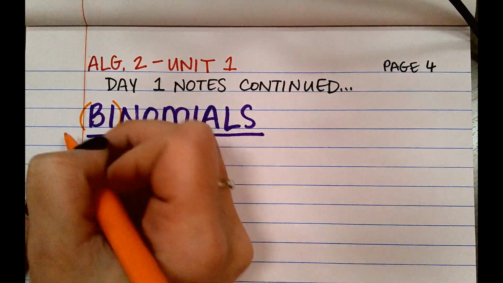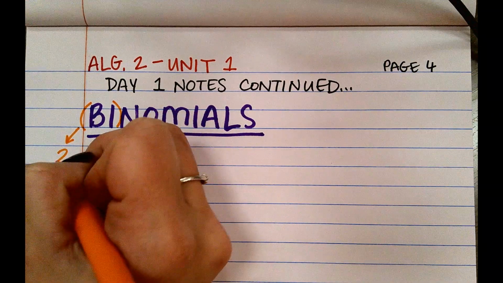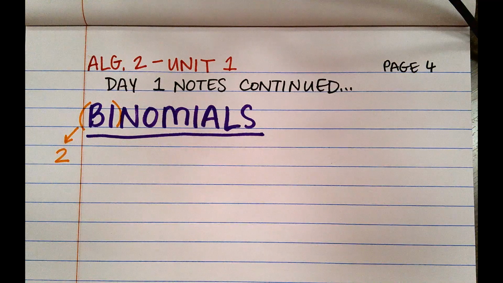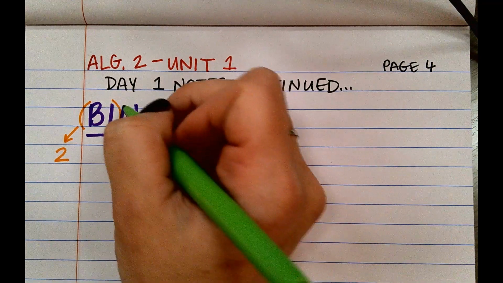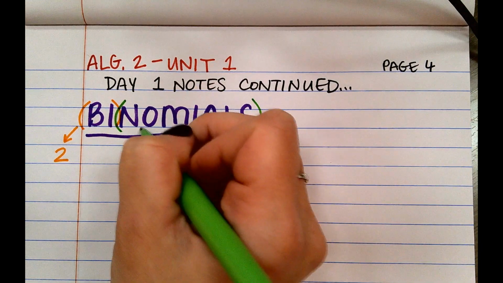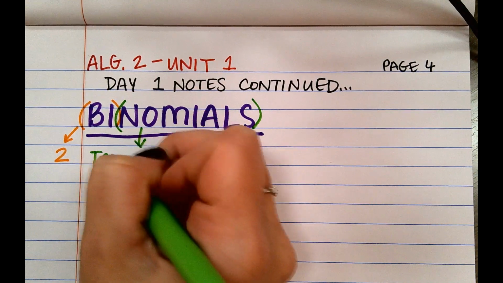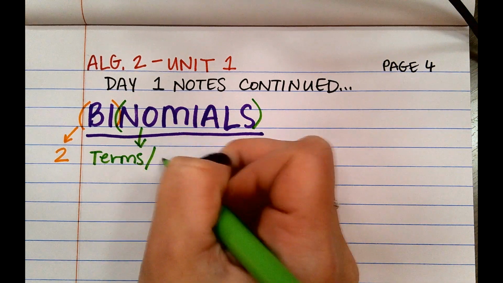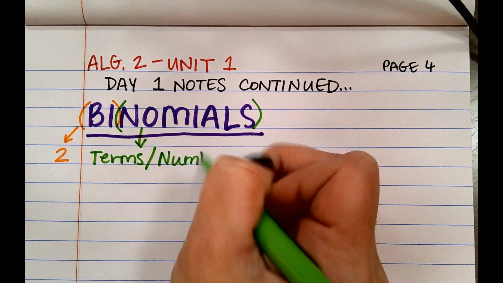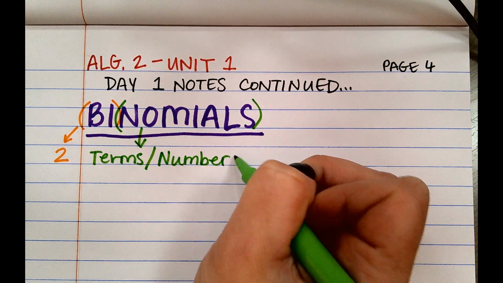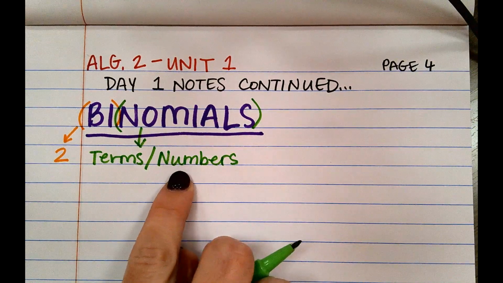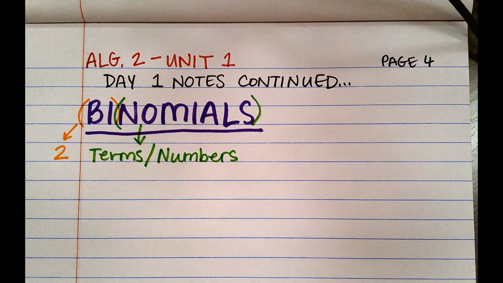B-I means two. Nomial means numbers or terms. And the reason we say terms instead of just numbers is because sometimes it has a variable or an exponent. But the key is there's two of them.